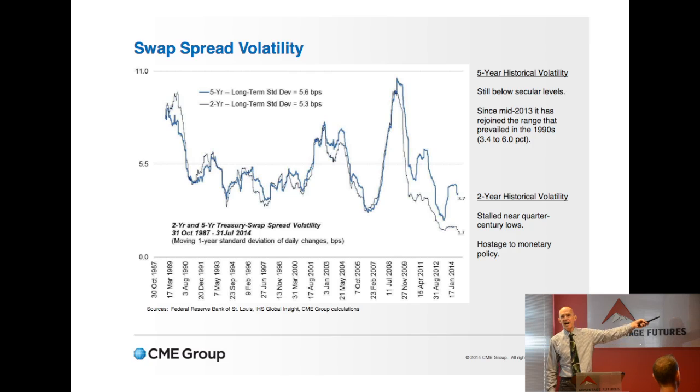If you move out to 5 years, however, it's a different story. Starting about a year ago, volatility has been on the upswing. It comes and it goes, but for some months now, it's been back within the range of levels that you would have seen in the mid to late 1990s.